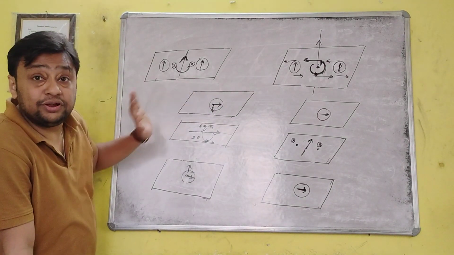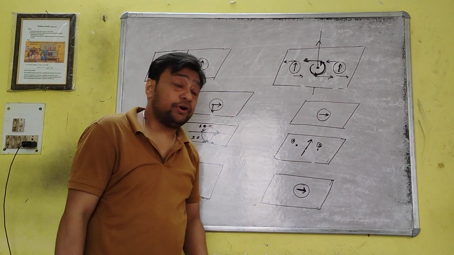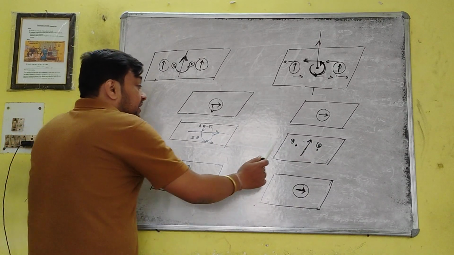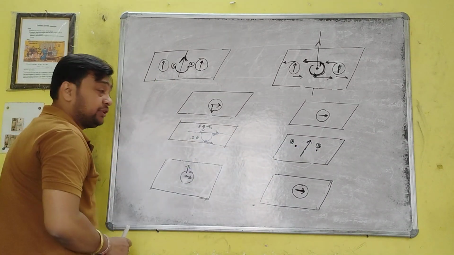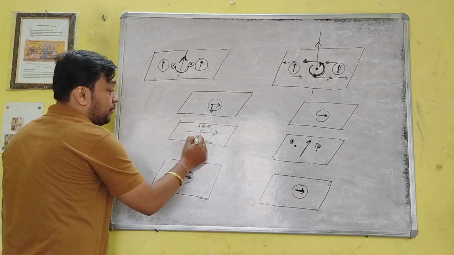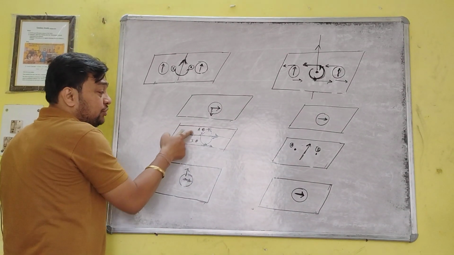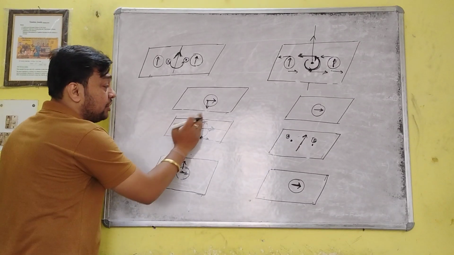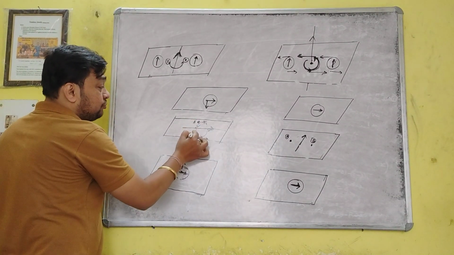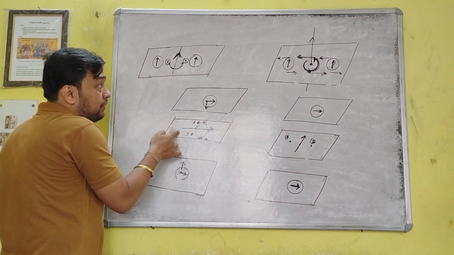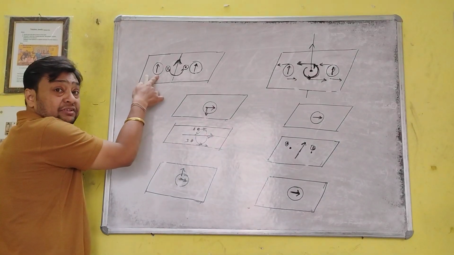Coming outside the board. Now this case. Before this, there is one more thing. Suppose I consider one point A and one point B, which are on the same plane. For these two points, it will be similar to this.